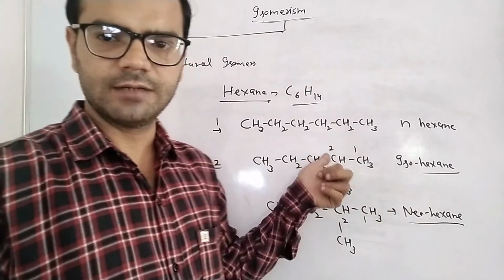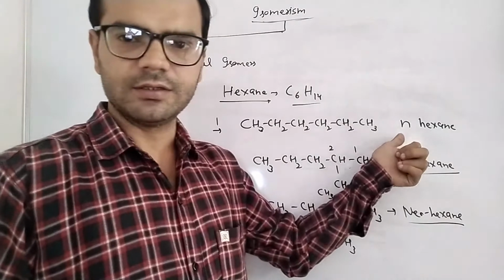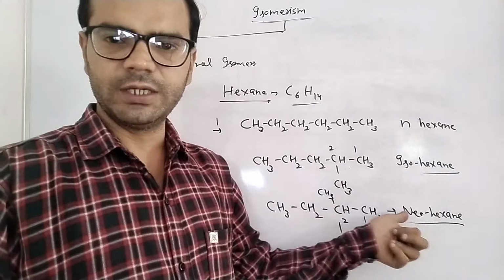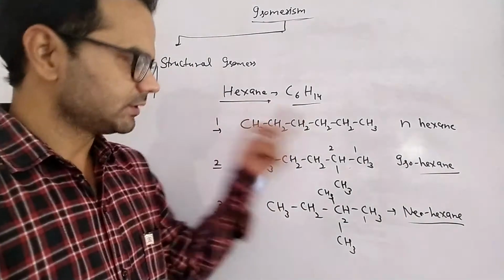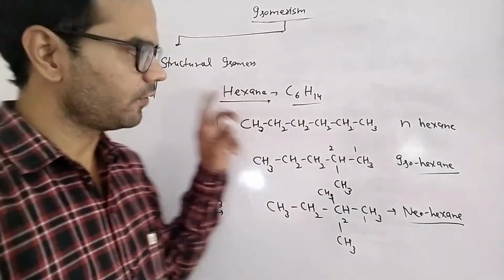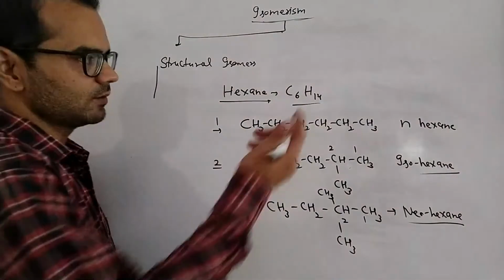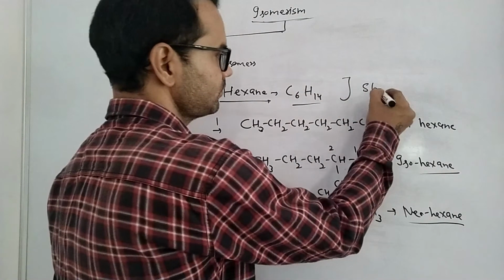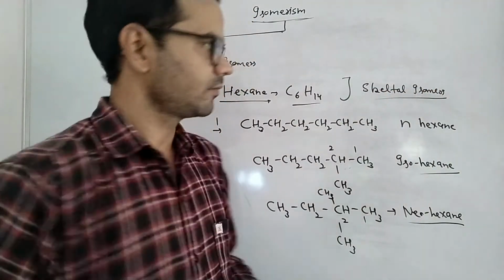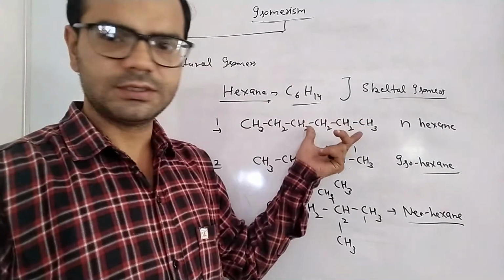Iso is used when there is a single branch at the second carbon, and for a straight chain we use the word N. So hexane has 3 chain isomers: N-hexane, isohexane and neohexane. A question may be asked, represent neohexane, represent isohexane. So this is the first type of isomers, chain isomers. Chain isomers are also called skeletal isomers, meaning different skeleton, different length of a carbon chain.